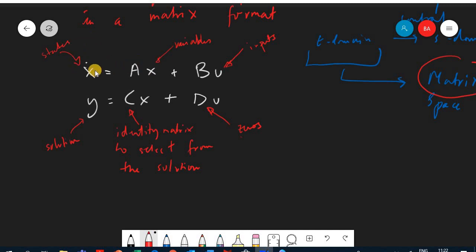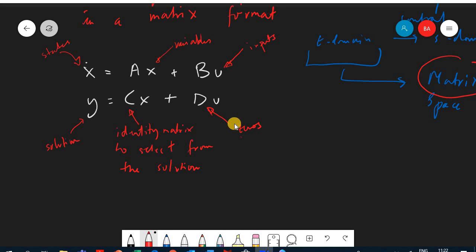So h dot, T dot, Ca dot, which is dCa by dt. Here are the inputs, so Fi, Cai, Ti, Tc, and so on. Here's the solution, so it's dh by dt, the solution is h. And here's the identity matrix to select from the solution, and D are the zeros.